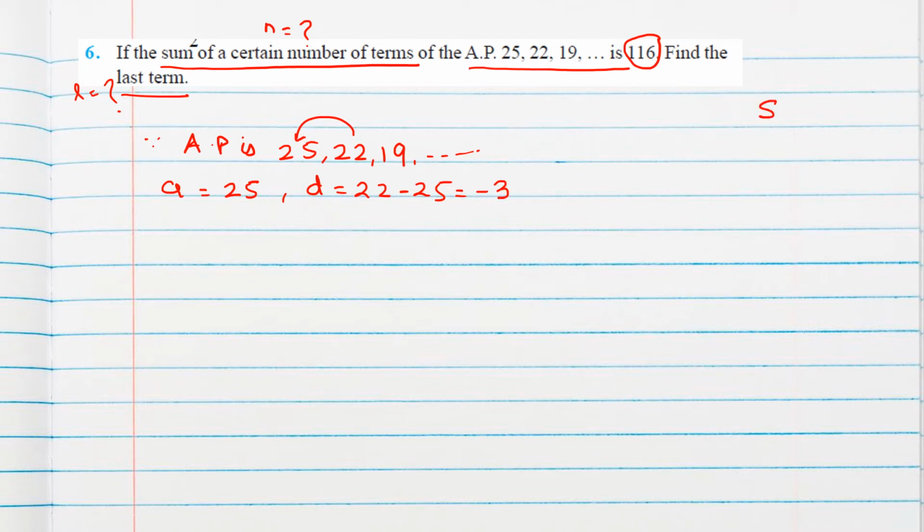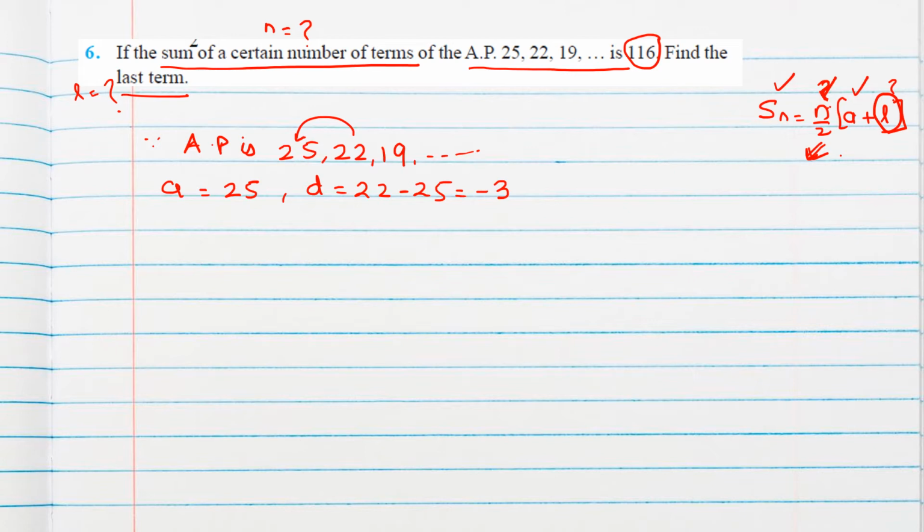Since we know some formulas, we know Sn equal to n by 2 (a plus L). So we can use this formula because S is given. The number of terms is not given, a is given, and L also we should find. So these two things we should find here. We can use this formula to find L, but before that we should find n.